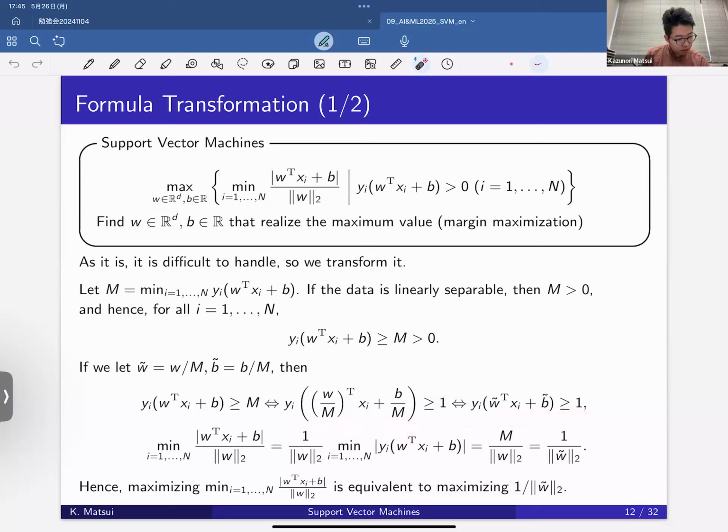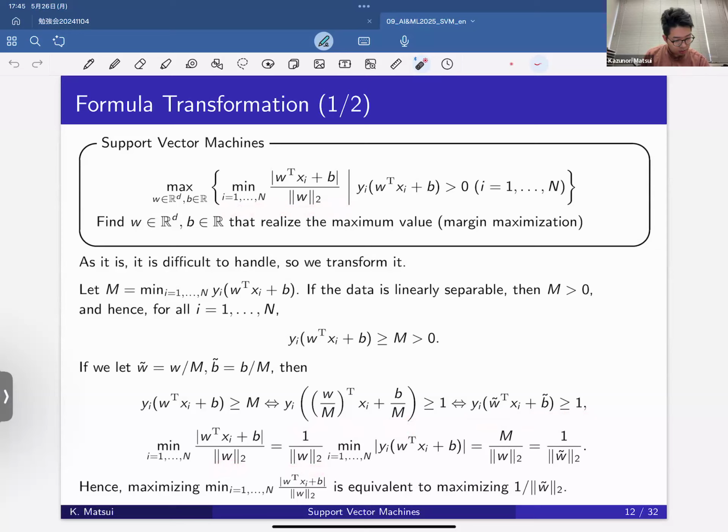Then the margin from the area can be rewritten as follows. Since W is independent of i, it can be taken outside.